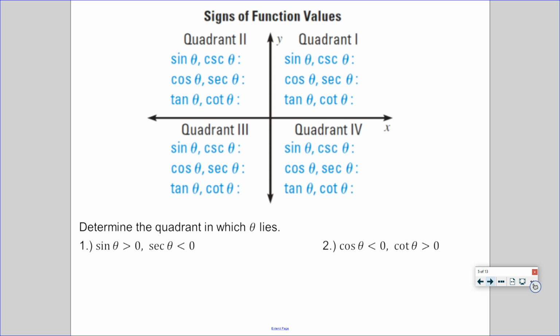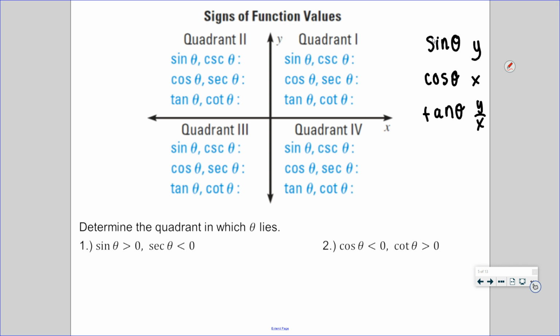So in quadrant 1, think about what we know with the unit circle. The sine is always the y coordinate. The cosine is the x coordinate. And tangent is y over x.